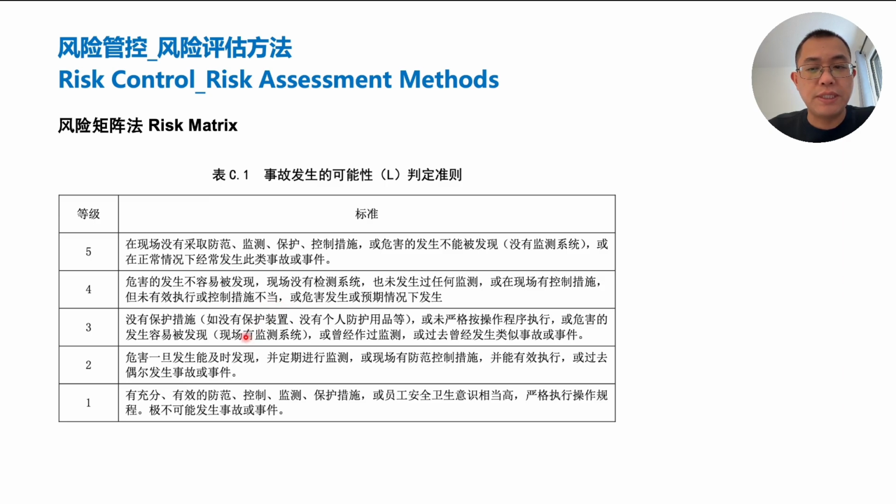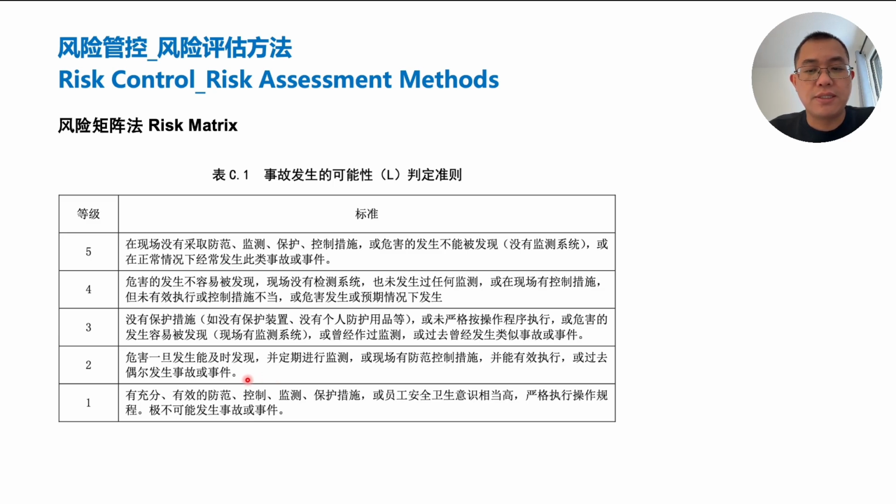And the level 3 indicates that similar accidents or events have occurred in the past. So this suggests that the incident happens occasionally. And the level 2 represents a lower probability. It means the incident has occurred rarely, perhaps only under unusual or unexpected circumstances.